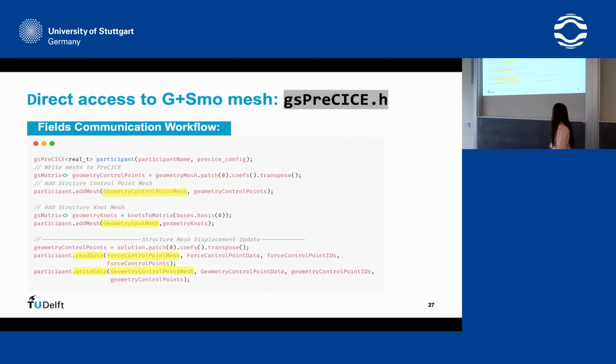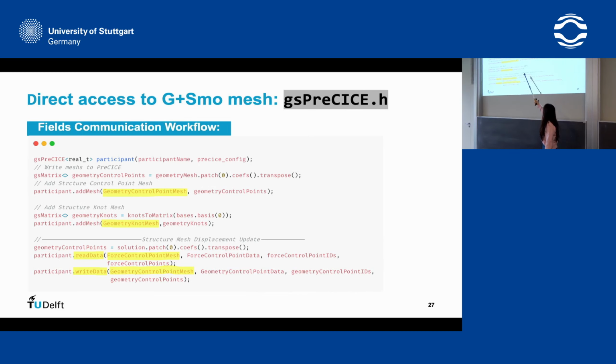Then for our spline field communication options, if you initialize your geometry control points, then through the add mesh function, you add it to preCICE, and then preCICE sends it to the fluid solver.